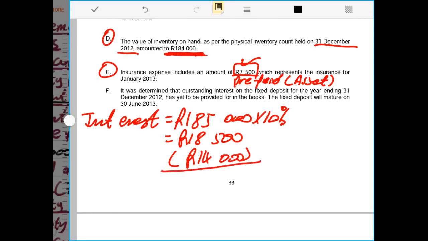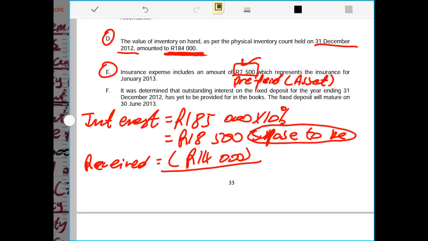So this was already received, and this is what was supposed to be received. So we're supposed to receive this amount, but we only received 14,000 by the end of the year. It means the difference of 4,500 is accrued income. And accrued income is an asset because it is income that is not yet received.